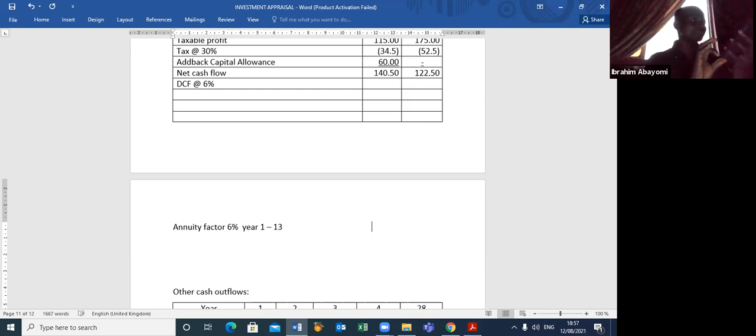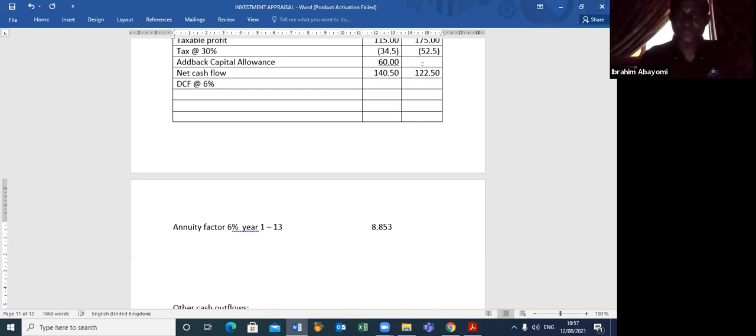I have 8.853. Now I will less the annuity factor at 6%, year 1 to 3.